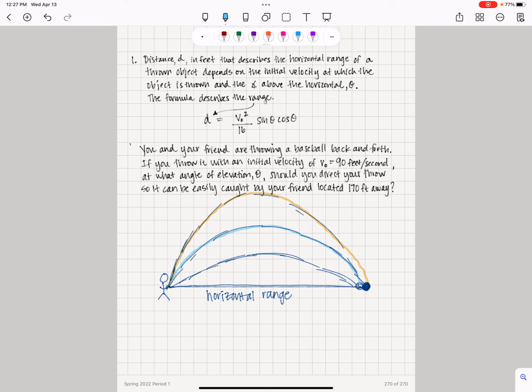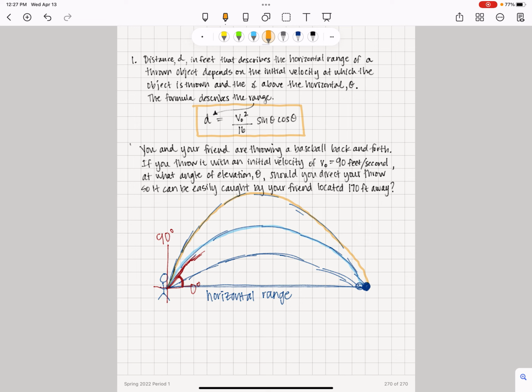And when I say angle, I'm talking about this angle at which you're throwing the ball. So you're going to throw the ball somewhere between 0 degrees and 90 degrees. We want to find the angle that you can throw that ball with this formula right here. Okay, so we're going to use that formula.